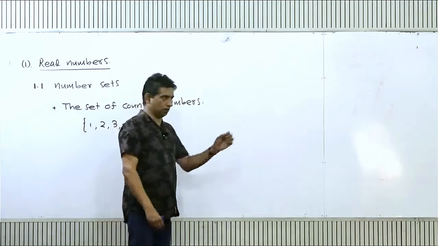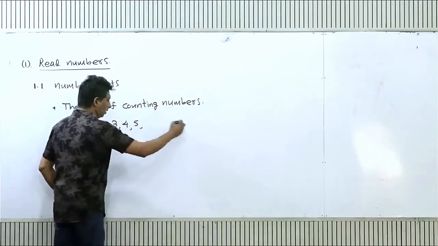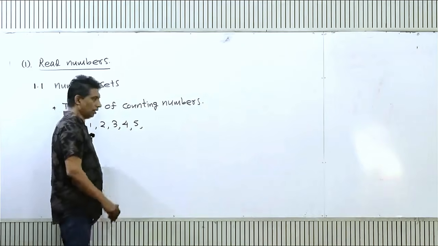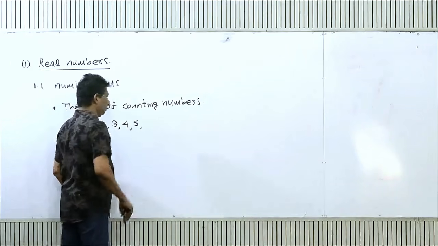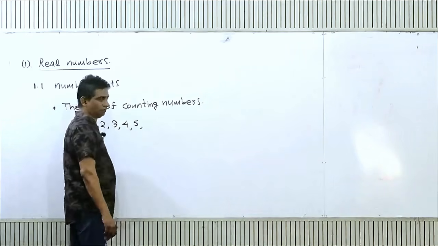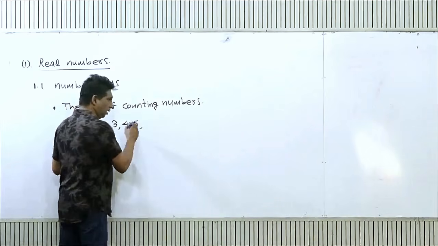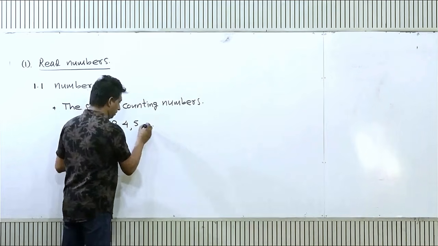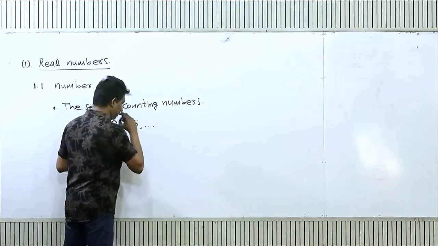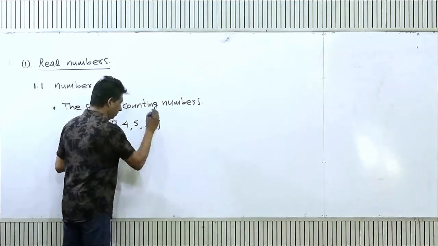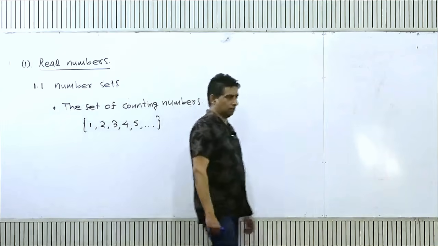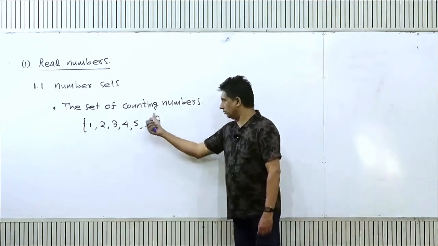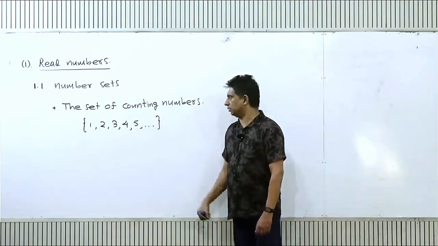Can we write all the counting numbers in this set? No. Why? There are infinite counting numbers, no? So after this comma, we have to put 3 dots. Not so many dots, we have to put 3 dots and close the bracket. This is the way we can write this counting number set, right? Write down this.